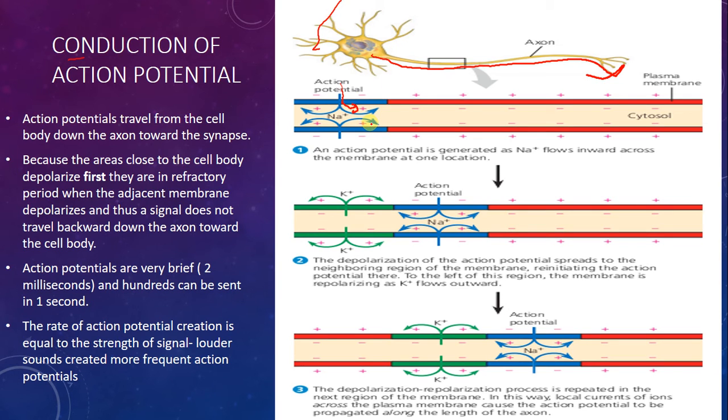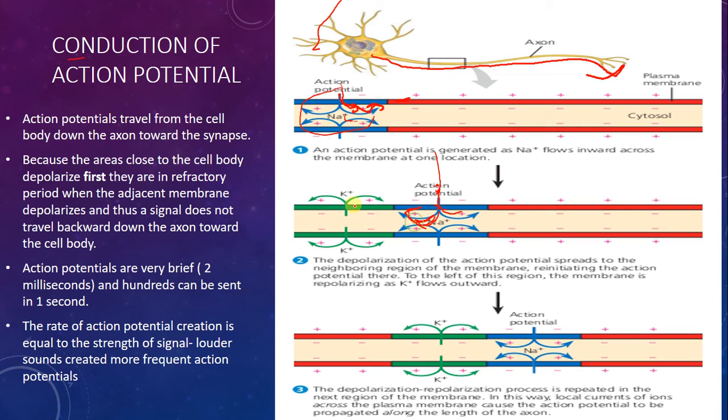And as this influx of sodium occurs, it stimulates the membrane adjacent to it. So the depolarization of the action potential spreads to the neighboring region of the cell membrane. So now this neighboring region is stimulated to have its sodium channels open because of the stimulation by the influx, the action potential, the rise in membrane potential of the membrane right next to it.